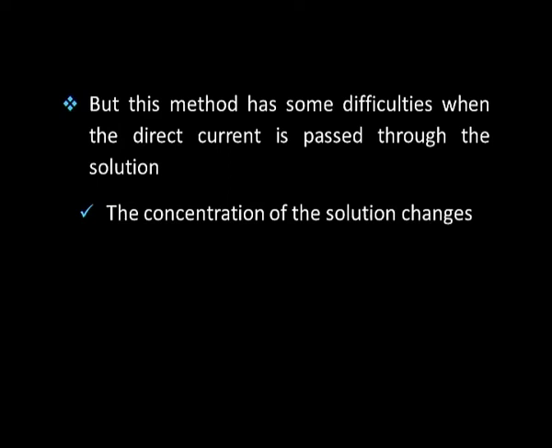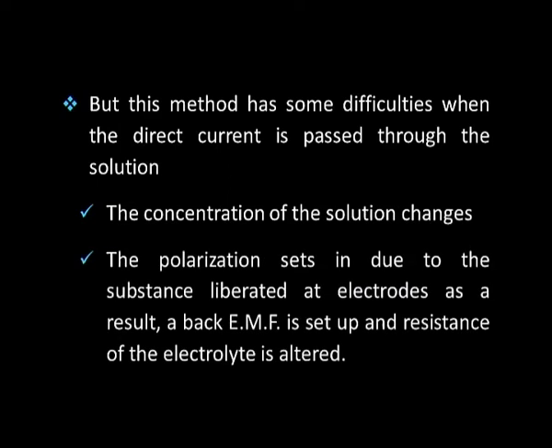The first one: the concentration of the solution changes, and polarization sets in due to the substance liberated at the electrodes. As a result, a back EMF is set up and the resistance of the electrolyte is changed.